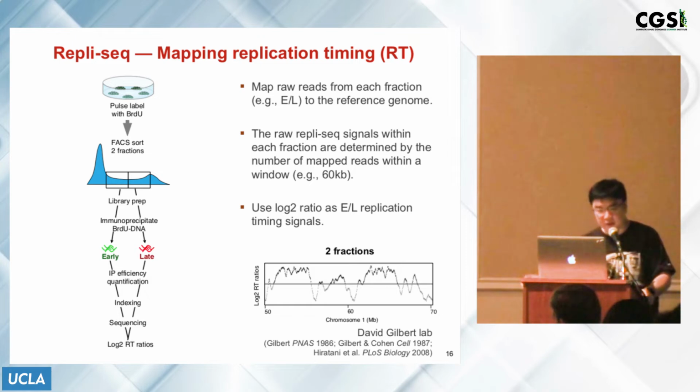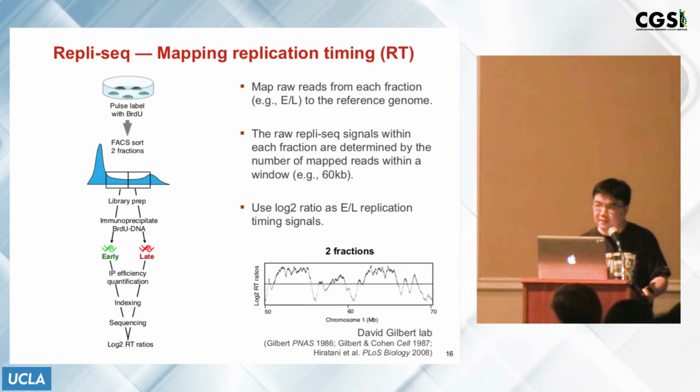The BrdU can be incorporated into newly synthesized DNA of replicating cells, and then you can do cell sorting to separate them into two fractions. One can be considered as late replication, and the other one is early replication. Through sequencing, you'll be able to get these reads.